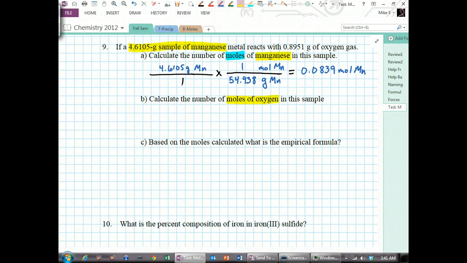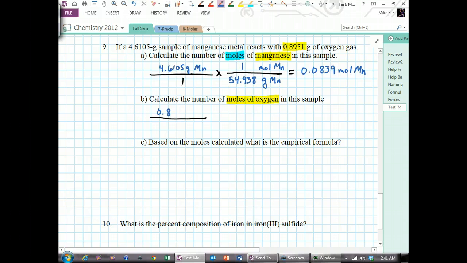So when I set this problem up, I start with my given again. Instead of being the manganese, I'm going to use the given for oxygen, and that's the 0.08951 grams. So that's how many grams of oxygen I have.